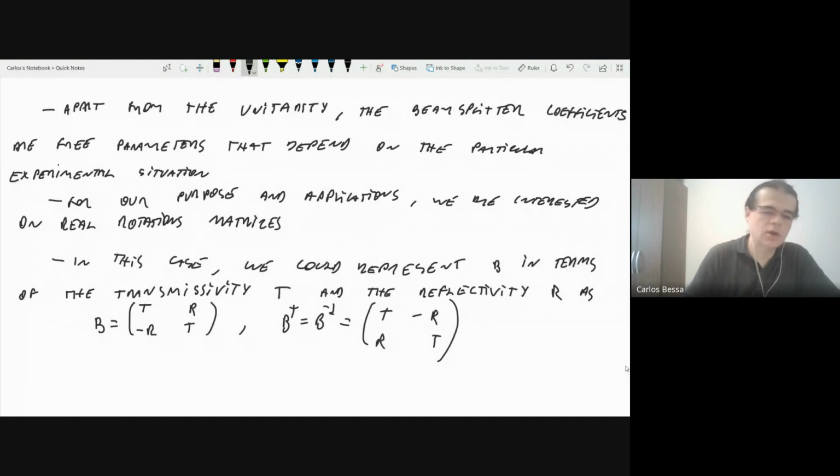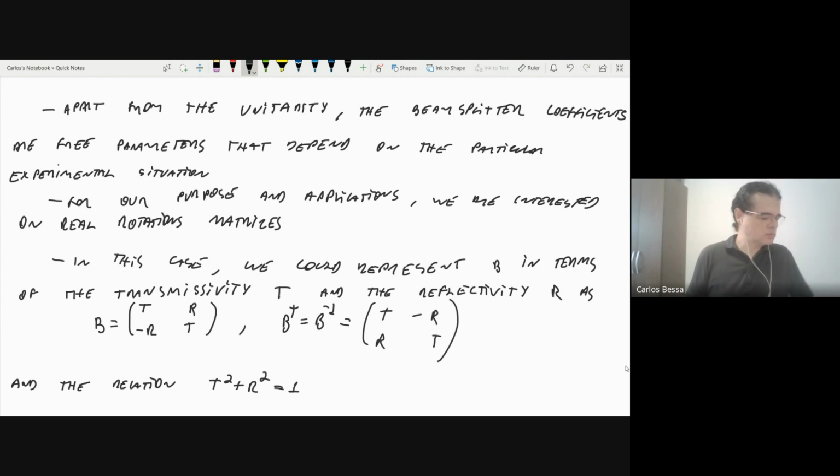Okay, and the relation T squared plus R squared equal to 1. These I'll leave as homework too.